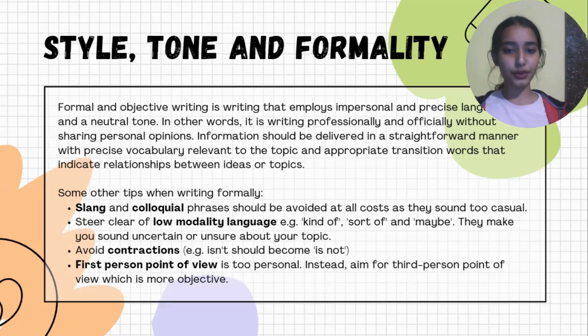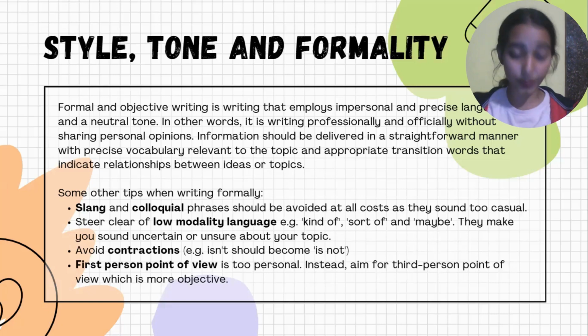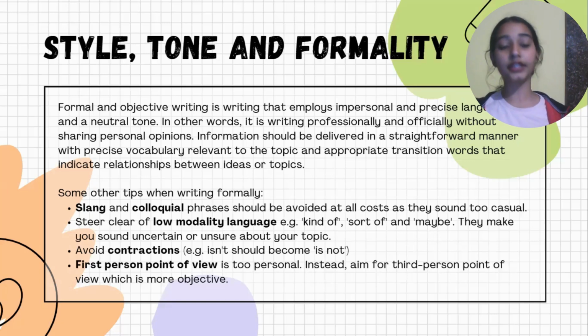You should steer clear of low modality language like kind of, sort of, maybe, because they make you sound uncertain. And like I said, in the informative text, you cannot make it unsure, uncertain, because it is clear that it is true. It is authentic.